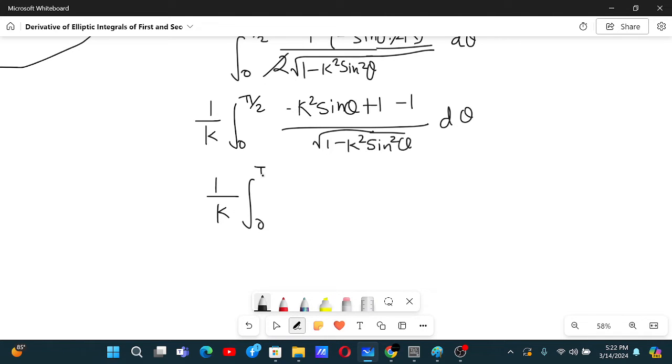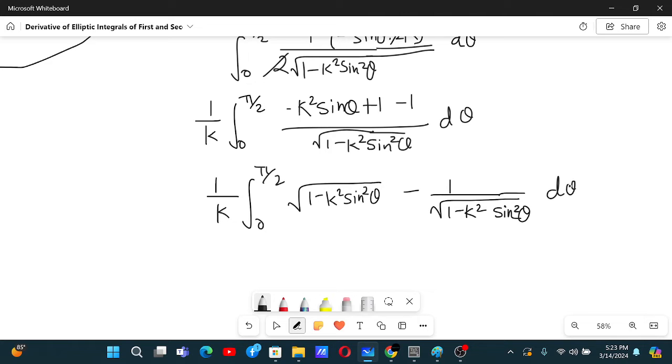Integral from 0 to pi by 2. Now this is square root of 1 minus k square sine square theta, and minus 1 by root under 1 minus k square sine square theta, d theta.